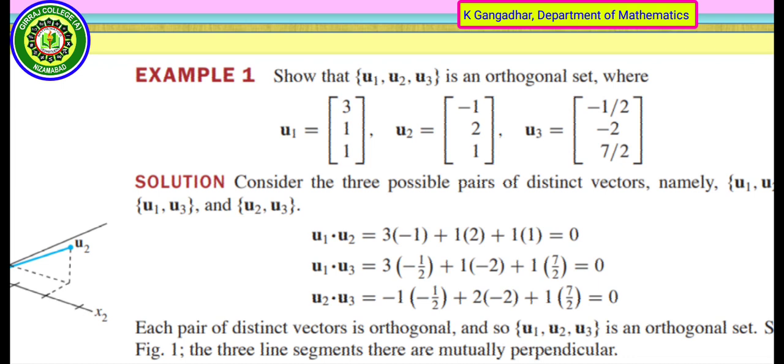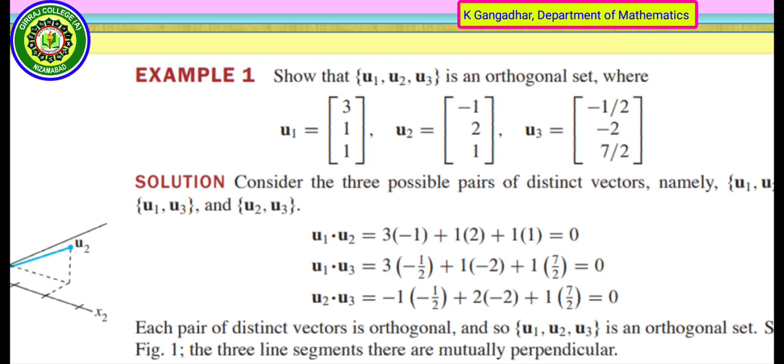We show that the given set is an orthogonal set, meaning each pair of distinct vectors has inner product 0. So we find the inner products u1 u2, u1 u3, and u2 u3.